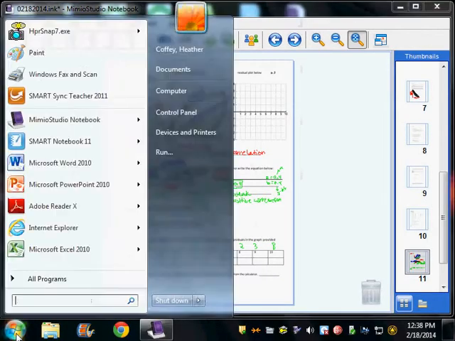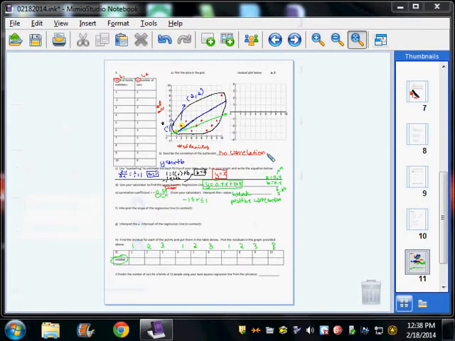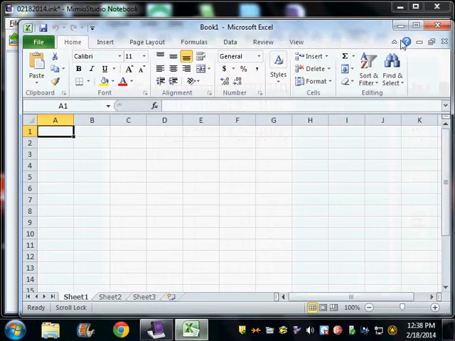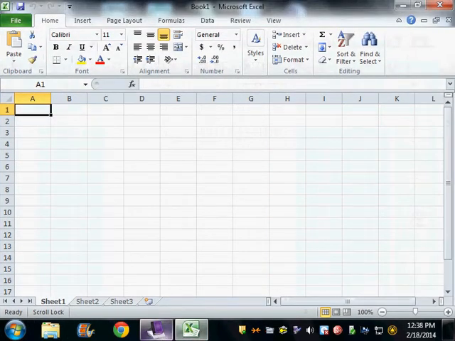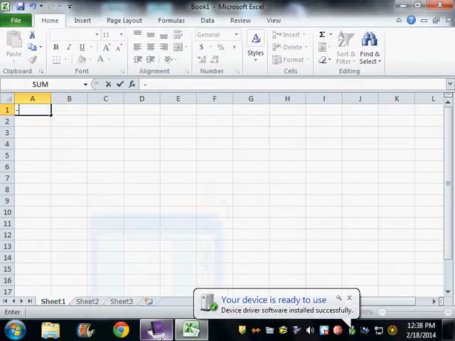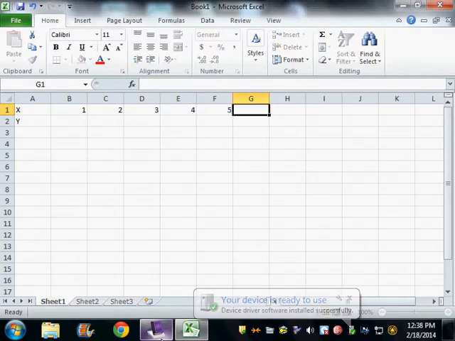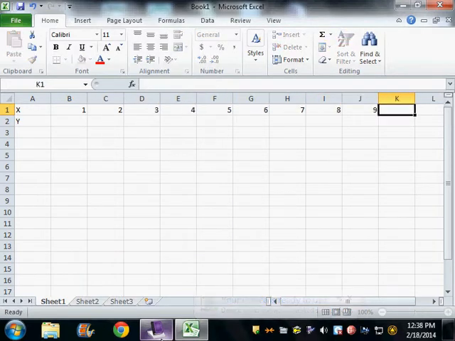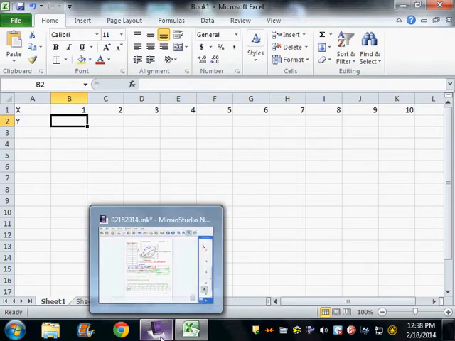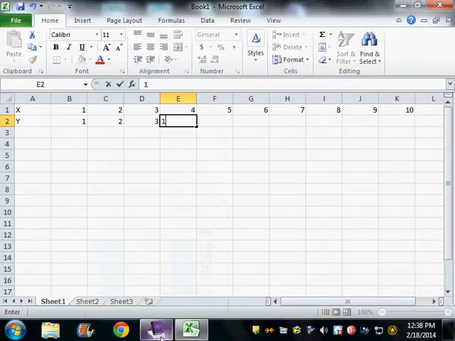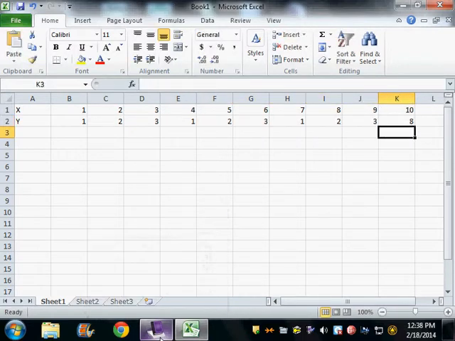All right, so we have our x value, we have our y value. Our x values were 1, 2, 3, 4, 5, 6, 7, 8, 9, and 10. And then our y values were 1, 2, 3, 1, 2, 3, 1, 2, 3, 8.